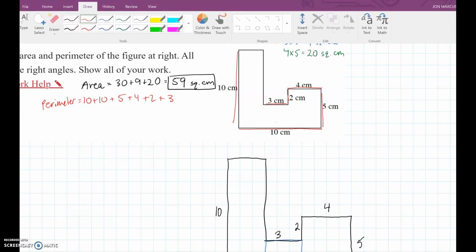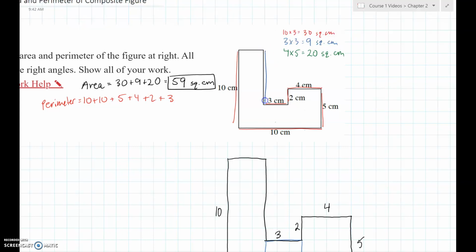But now we need to know what this length is here, and you can tell from the side opposite of it. If this whole length is 10, and this whole length is unknown, you've got to say, well, what is this length here? We already were able to tell that that length was 3. We knew that from before. So if that's 3, then that must mean that this is 7. So 7 plus 3 is 10. So that length is 7.